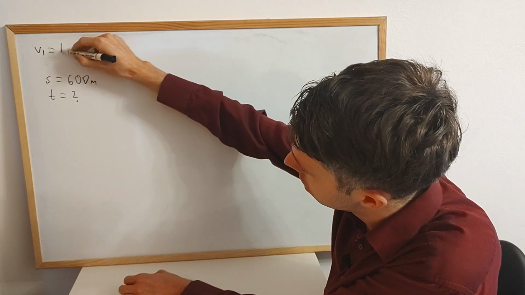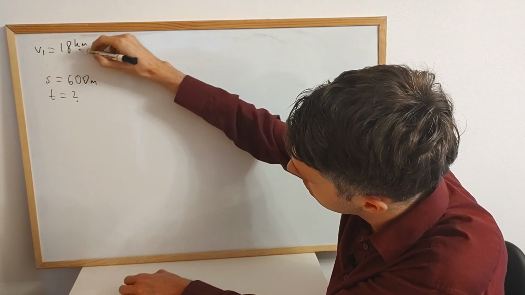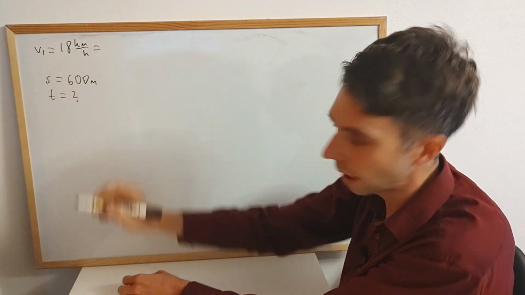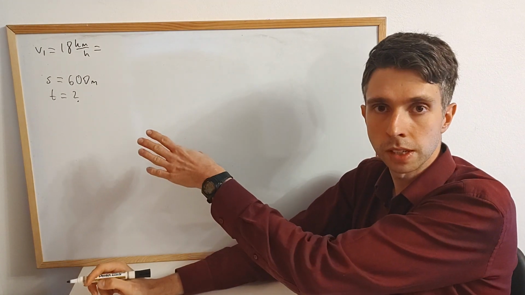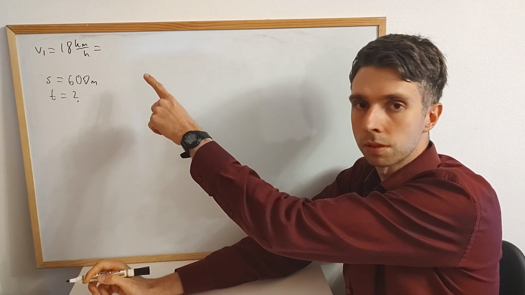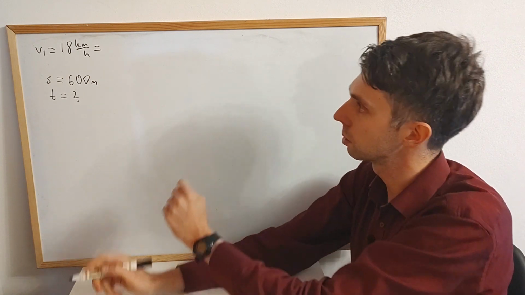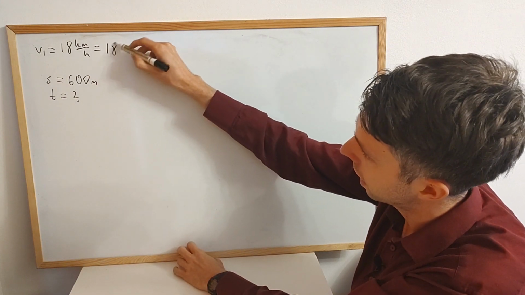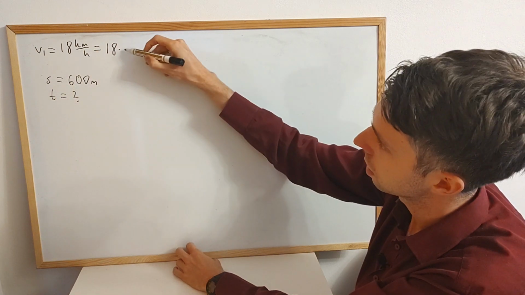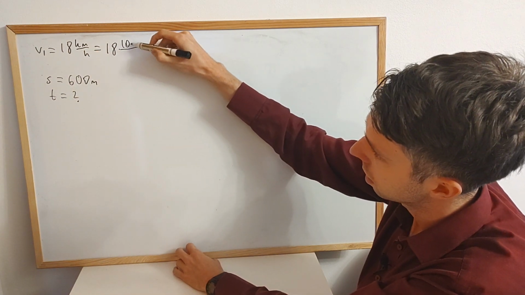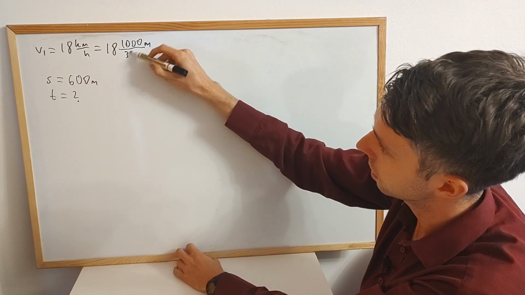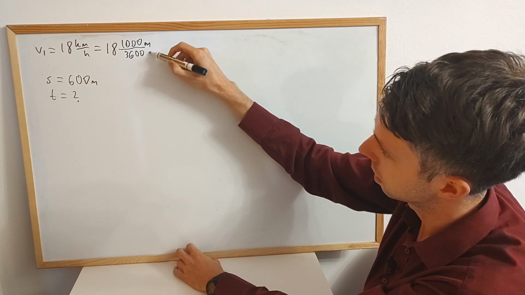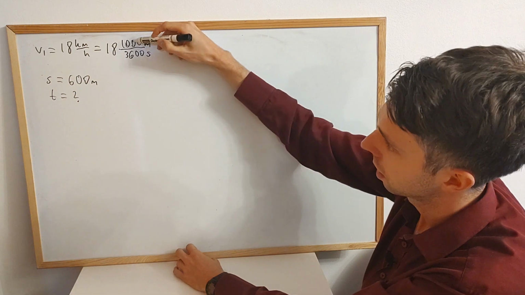So this is 18 kilometers per hour, and as I explained to you in previous videos how to convert the speed from kilometers per hour to meters per second, I multiply this, so kilometer is 1000 meters, an hour is 3600 seconds.